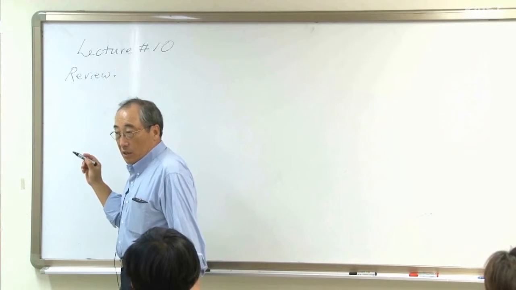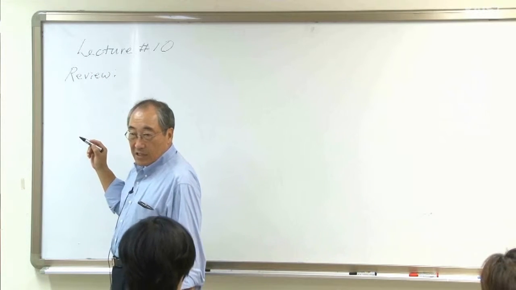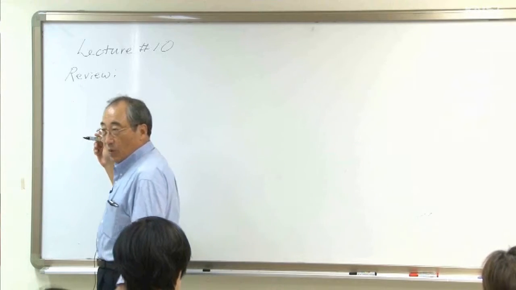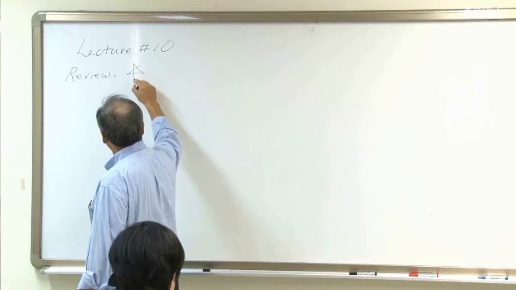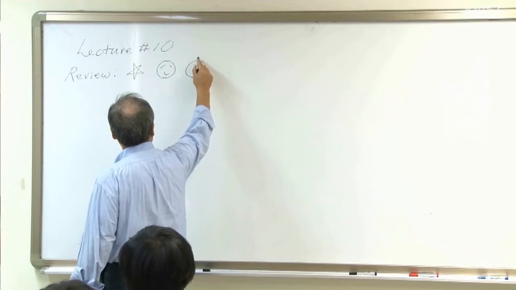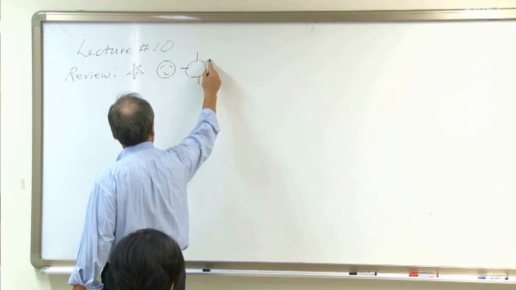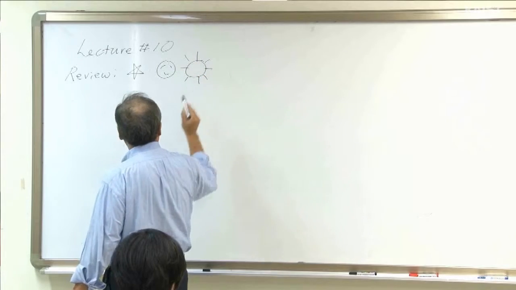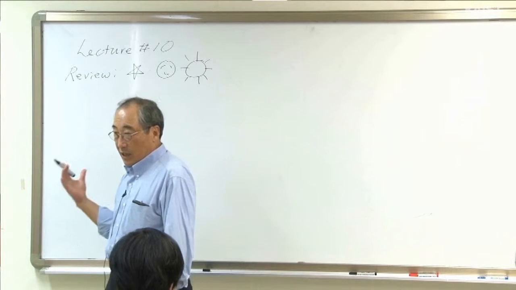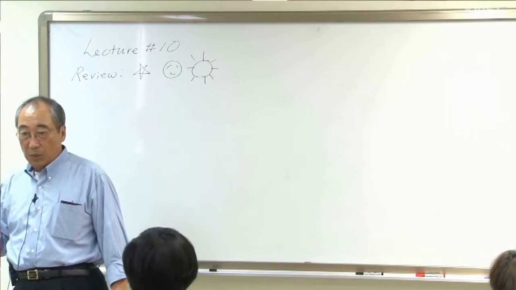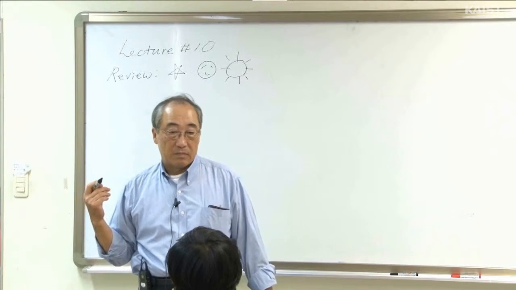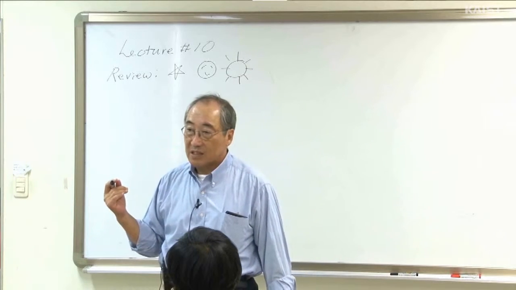Okay, we learned in the last lecture 3 symbols. One is star and moon, and the other one was sun. Each symbol has its own characteristics.